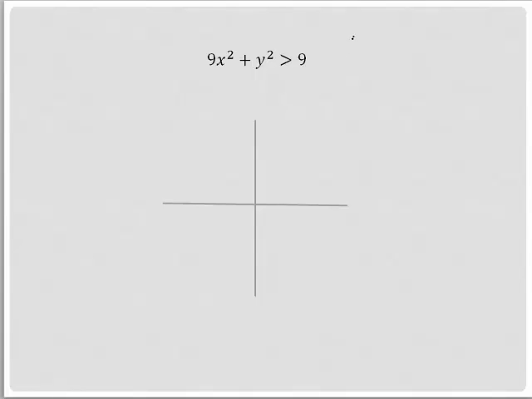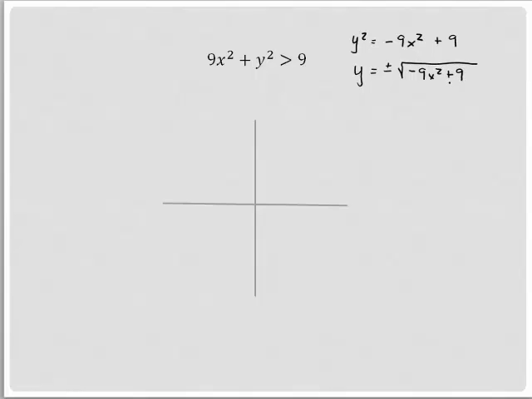So we've got y squared equals -9x squared plus 9. And then we've got, now watch this, y equals plus or minus the square root of -9x squared plus 9.